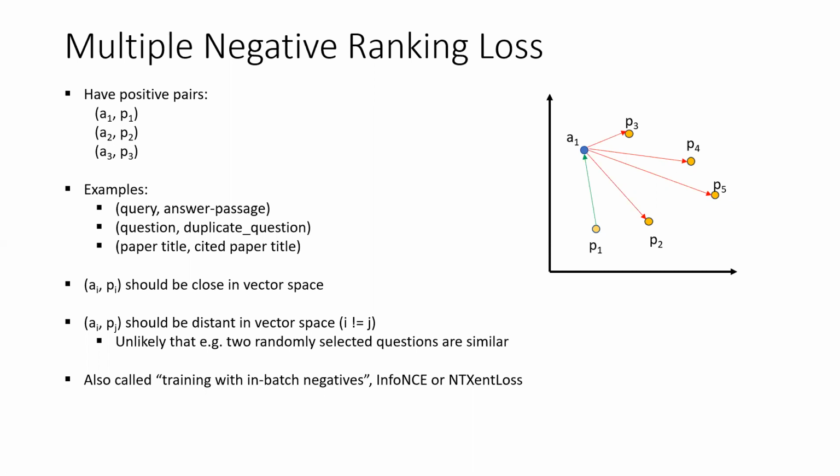As training data for this loss, you need to have positive pairs. So you have some anchor and some positive. It can be quite diverse which type of training data you use. This can be, for example, a query or a question and the answer. It can be a question and a duplicate question, for example, in some online communities.